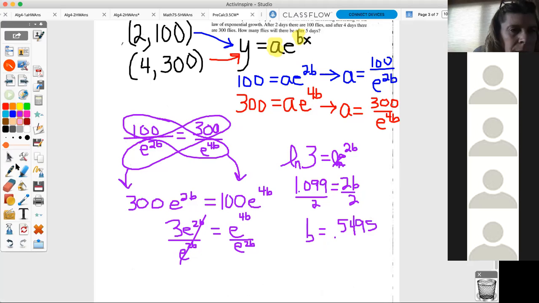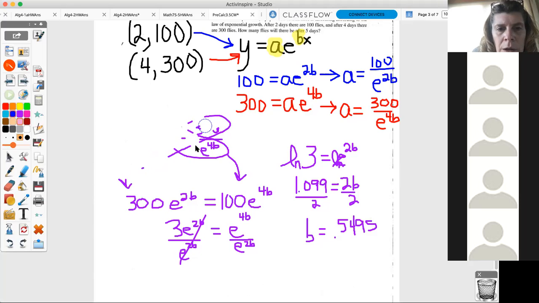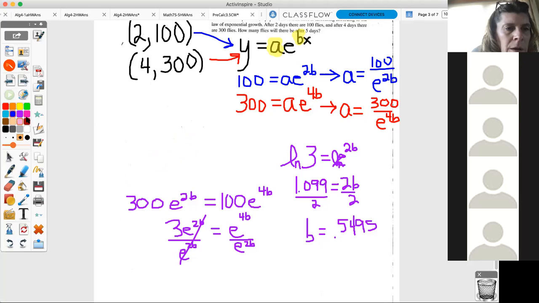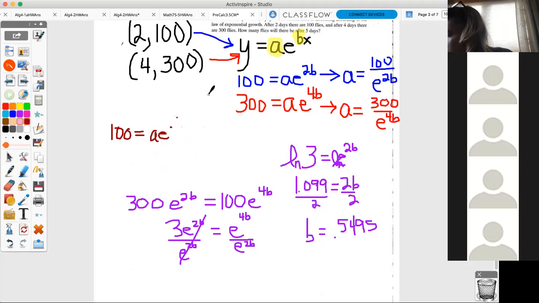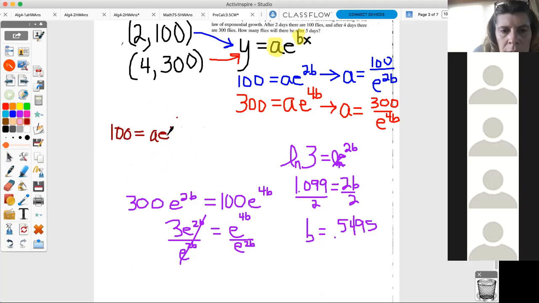Here, I'm going to use my eraser. Let's go up here. Good news is this is the last example for the day. Okay, so I'm just going to use the first one. 100 equals a, because we still don't know a, e to the point, oh, I can multiply, right? Let's just do 0.5495 times 2. So that gives me 1.099.